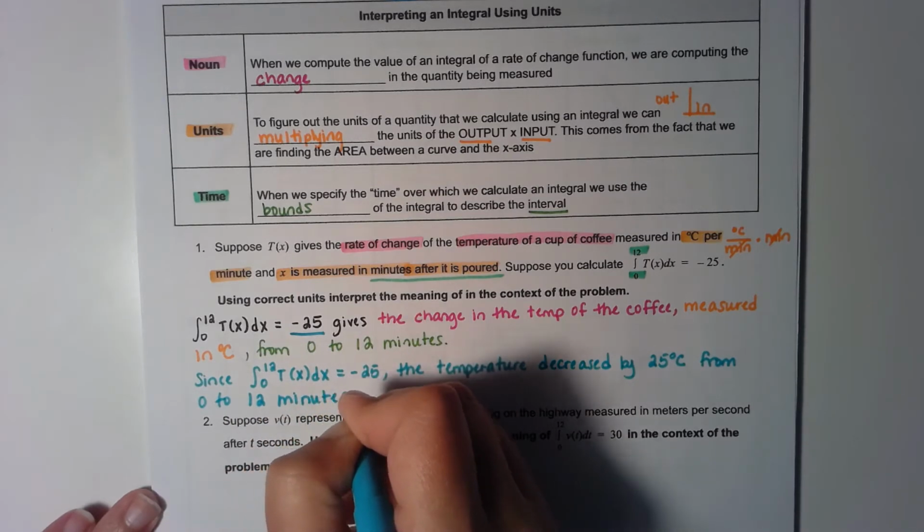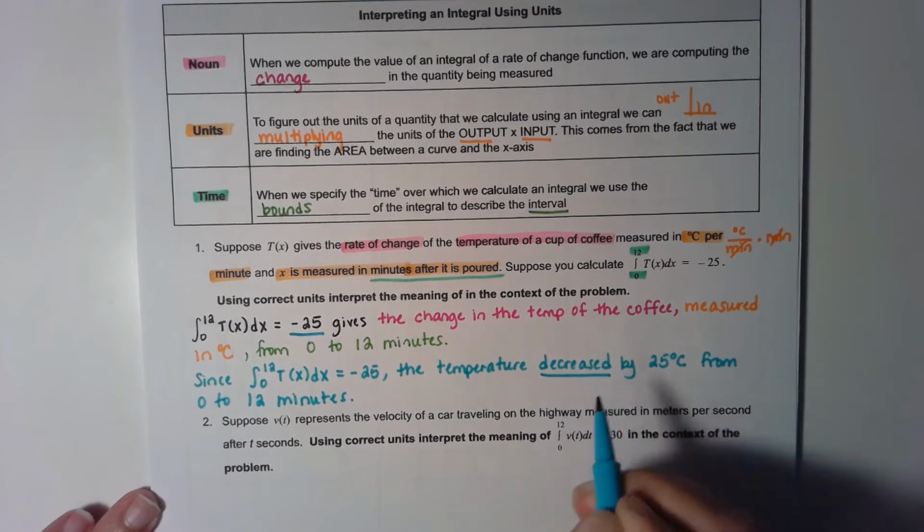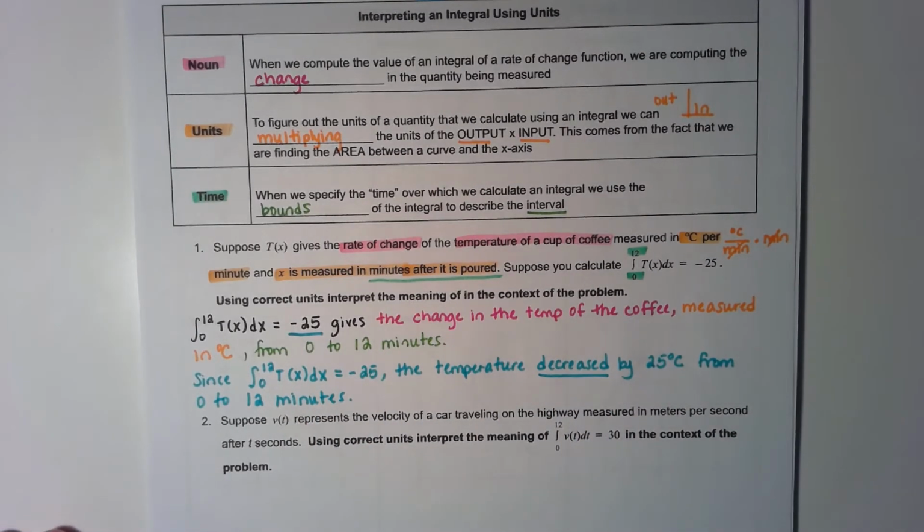Now, I'm using the word decreased here because this is a negative value. So here's what it means, and then here's specifically what the 25 tells me: it went down by 25 degrees Celsius from 0 to 12 minutes.